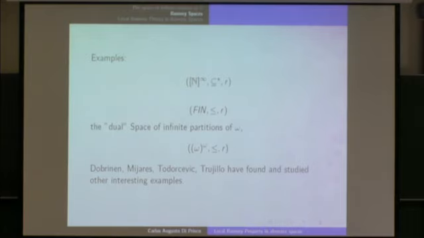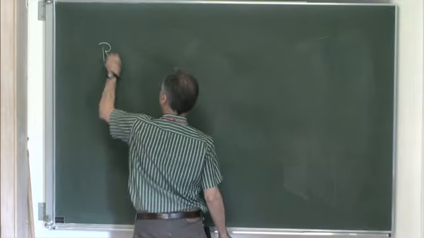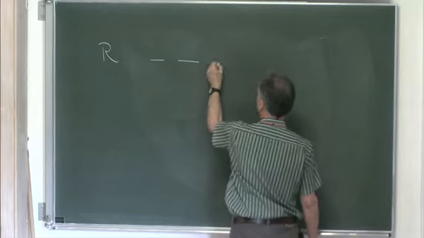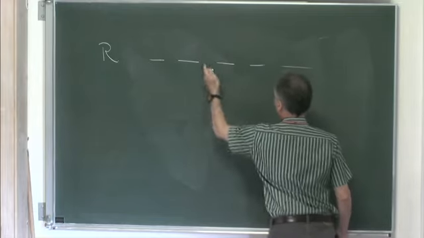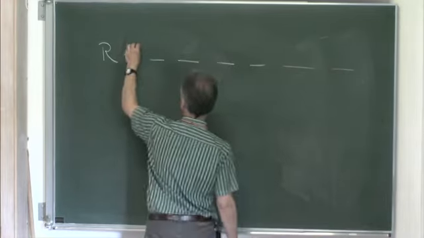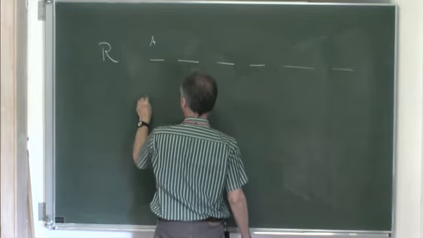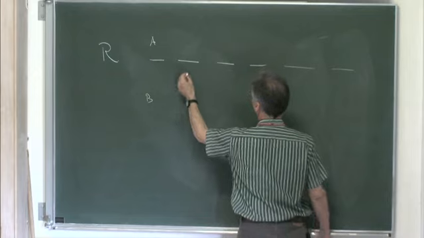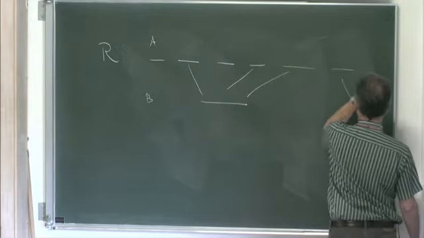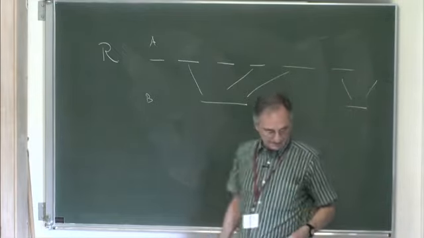So we have now, instead of R, a set of block sequences of finite sets. We have a finite set, a non-overlapping finite set, and so forth. These are finite subsets of n, and we say that B is below A if we obtain B by picking some of these elements and putting them together, getting another block sequence.